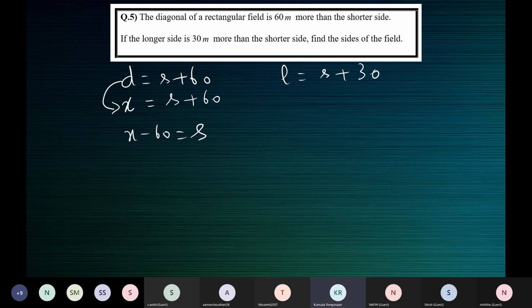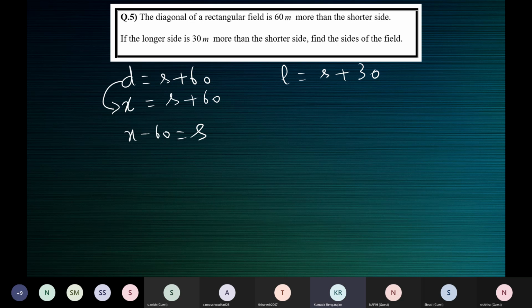If you take the diagonal as x, you must find the shorter side and the longer side in terms of x. If you take the shorter side as x, you must find the diagonal and the longer side in terms of x.